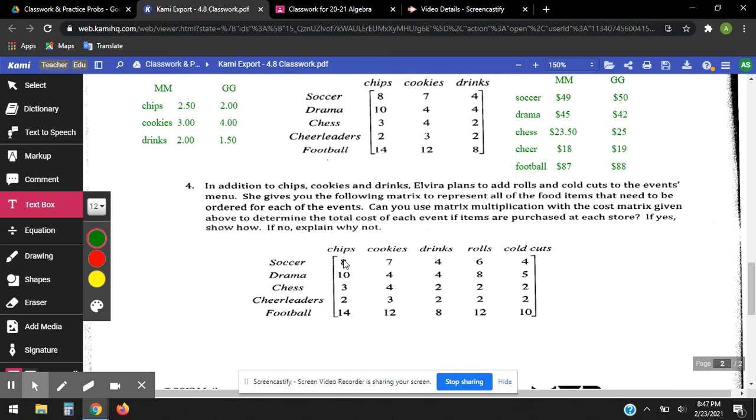Well, I can do the chips, cookies, and drinks, but do I have prices for the rolls and cold cuts? I don't. So I actually cannot do this.